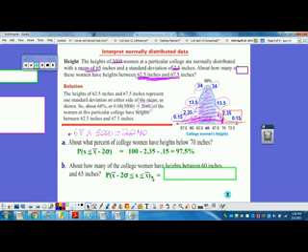About how many college women have heights between 60 and 75 inches? Okay, clear my work here. Between 60 and 75 inches. So I'm going to go back to my graph and it said between 60, which is right here, and 65. So 65 was my mean.